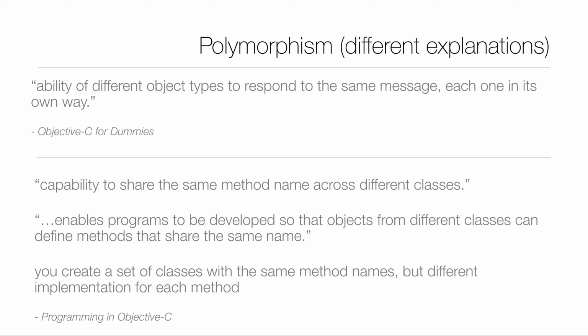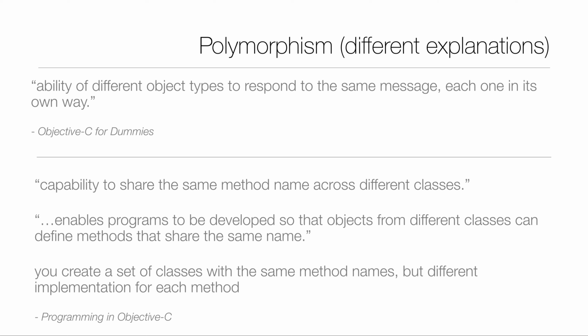So how Objective-C for Dummies explained it is the ability of different objects to respond to the same message, like that string and that picture, each in its own way. Now, Programming in Objective-C, another book that I read, said it is the capability to share the same method name across different classes.